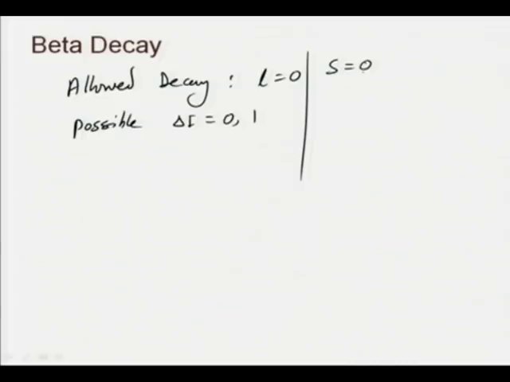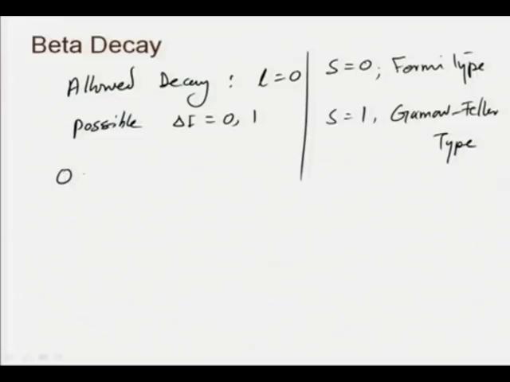S equal to 0 are called Fermi type beta decay, S equal to 1 are called Gamow-Teller type, Gamow-Teller type decay, and therefore, as 0 to 0, some cases 0 to 0 transition.